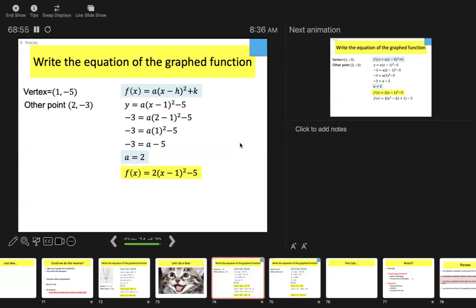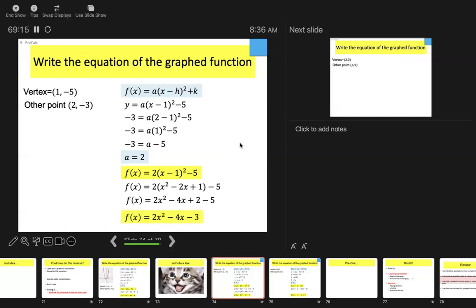Then we multiply that answer times 2, and you get 2x squared minus 4x plus 2 minus 5. Then you can combine the 2 and the negative 5 to get negative 3, and that would be in standard form.